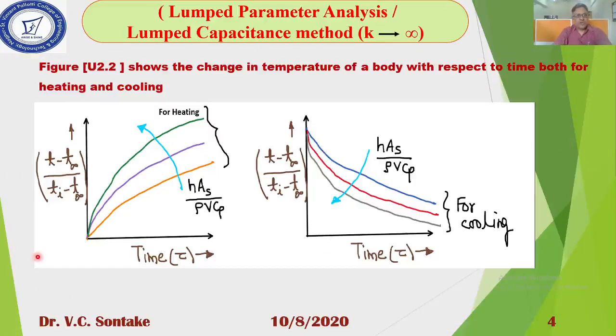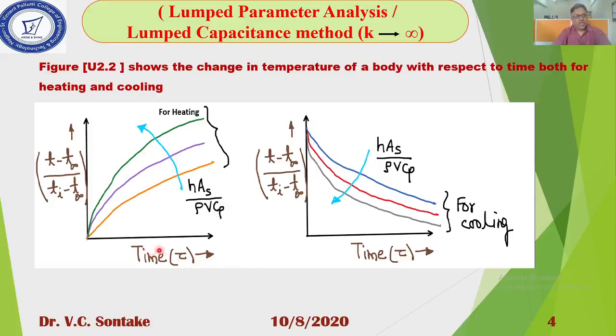Following figure U 2.2 shows the change in temperature of a body with respect to time, both for heating and cooling. So this is the plot between non-dimensional temperature distribution parameter T minus T infinity over Ti minus T infinity and time tau. So as you can see here, for a particular value of the parameter hAs over rho V Cp, with the increase of time, the value of this non-dimensional temperature distribution parameter increases.